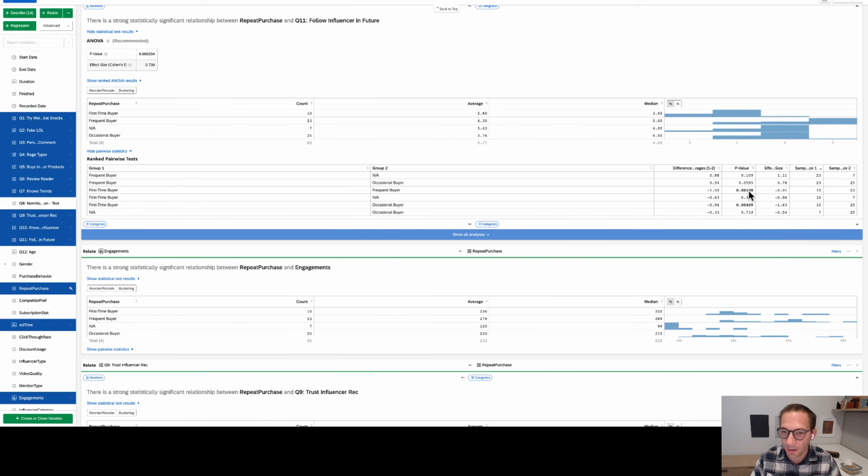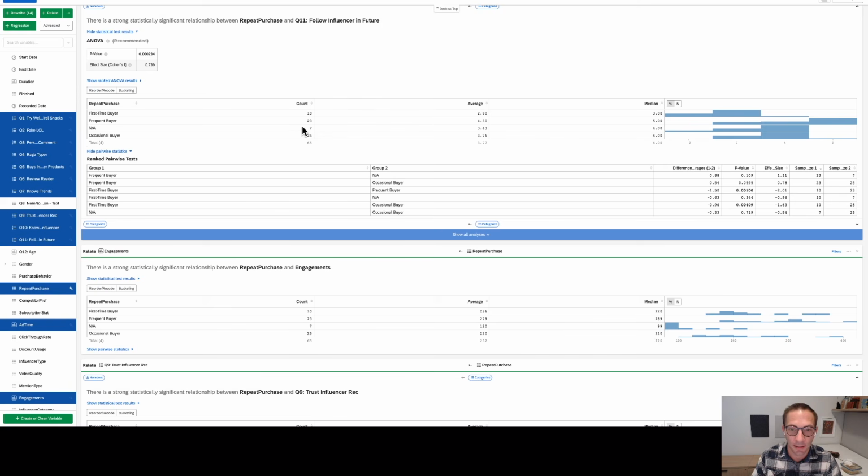Did they outperform first-time buyer? Yes, they did. So it looks like frequent buyer did outperform all categories except NA. So that's interesting. We're almost getting a clear winner.